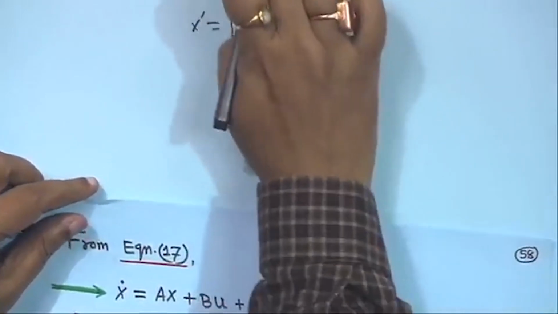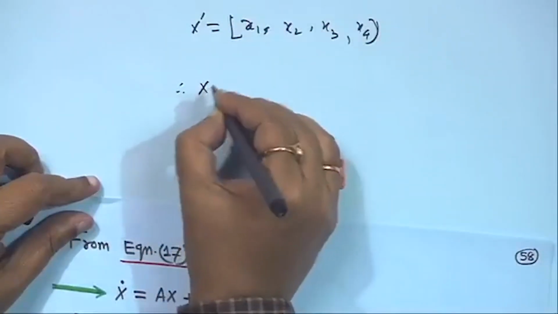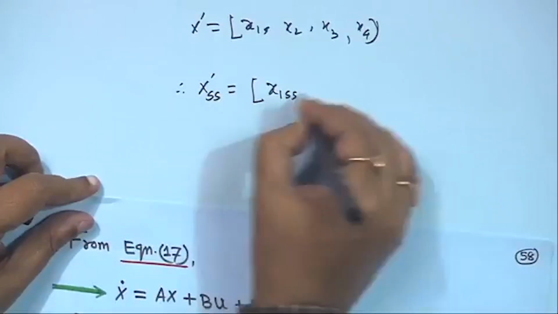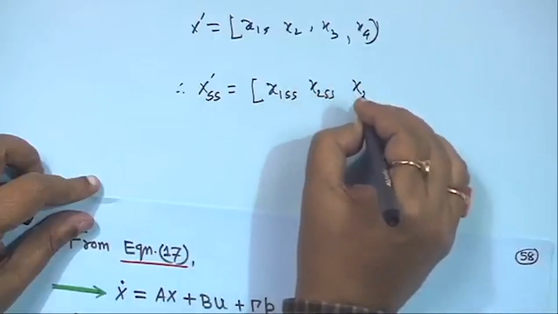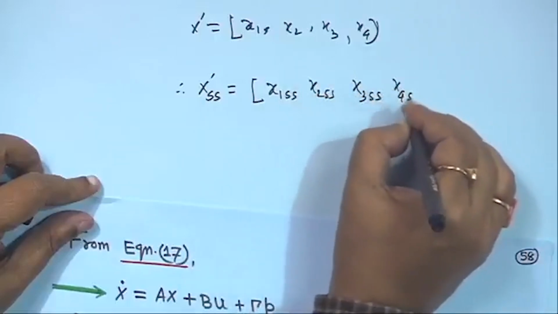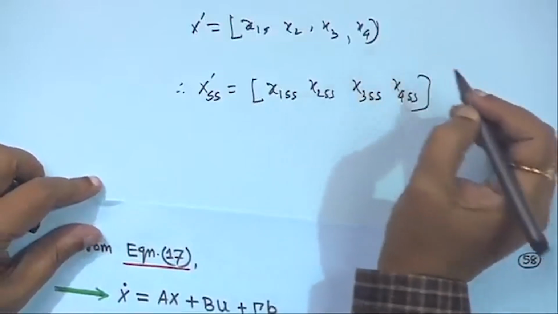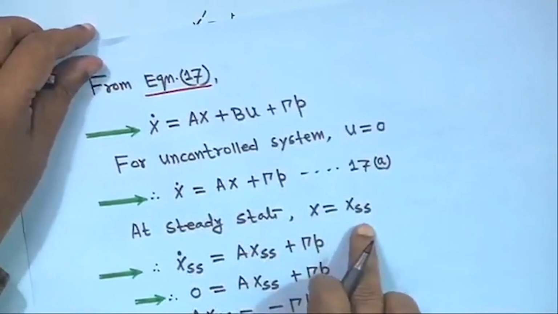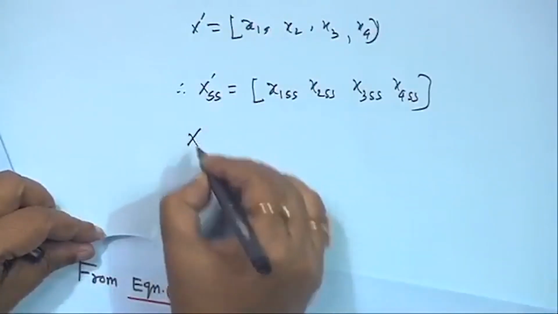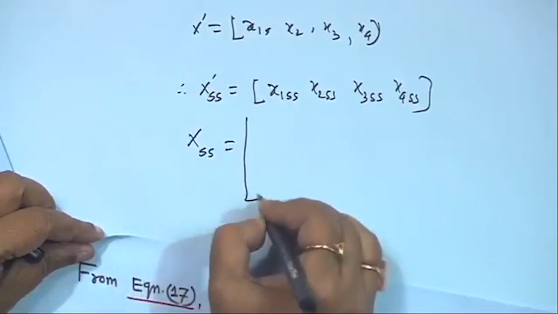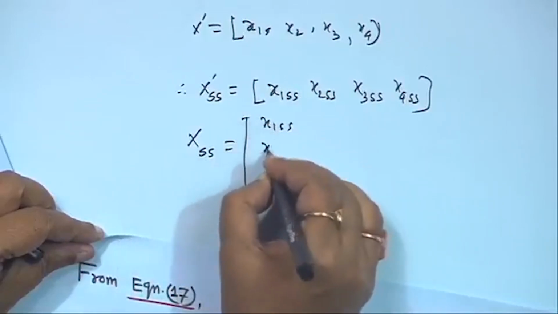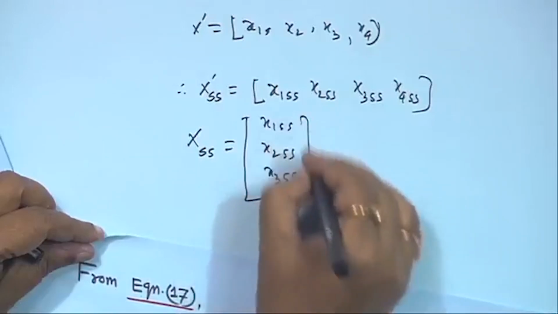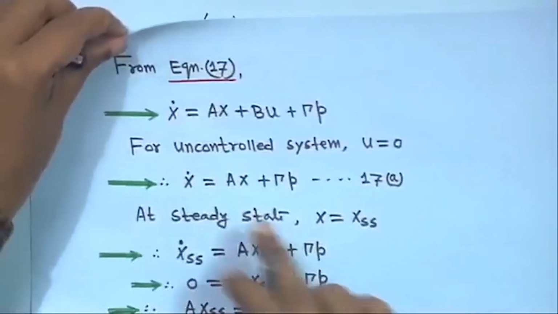So, my x transpose at steady state is x 1 steady state, x 2 steady state, x 3 steady state, and x 4 steady state values. This is x s s, that is what we are taking.